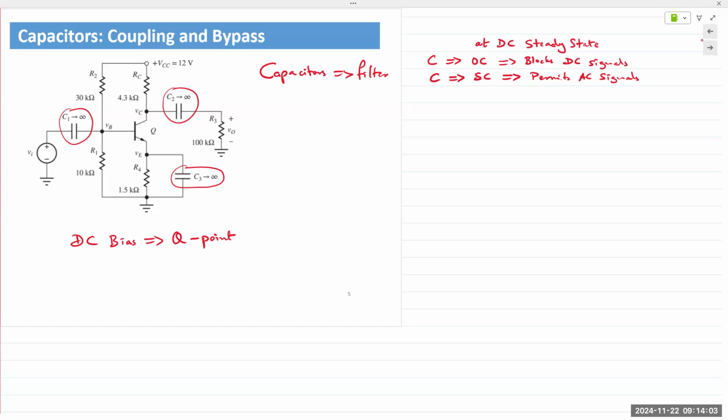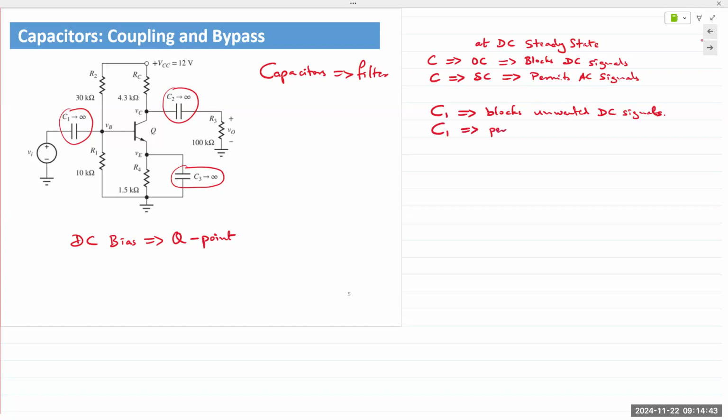And hence, C1 blocks unwanted DC signals. At the same time, we want our AC signal to go uninterrupted or unhindered into the base terminal. So we choose the value of the capacitor such that the reactance of the capacitor is very minimal for our desired frequency.